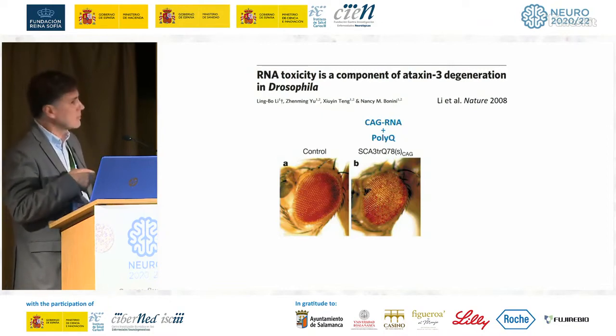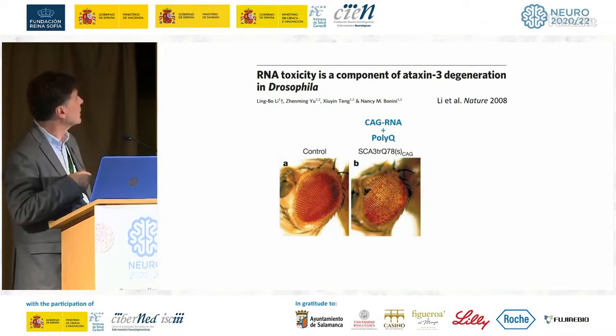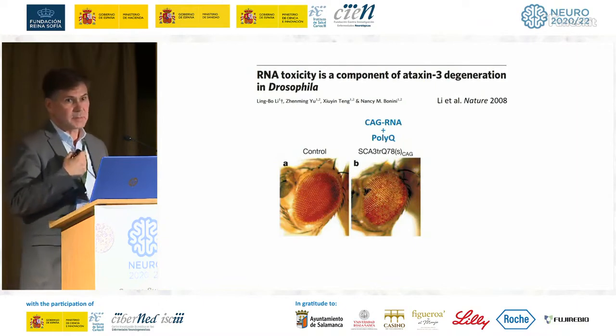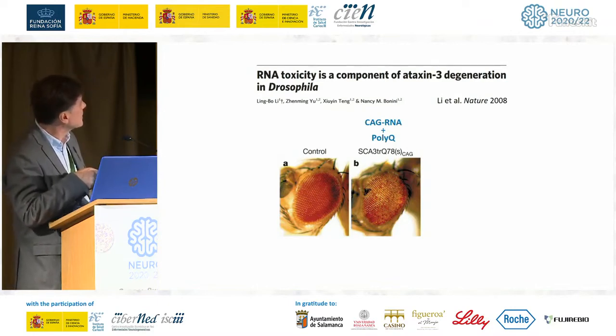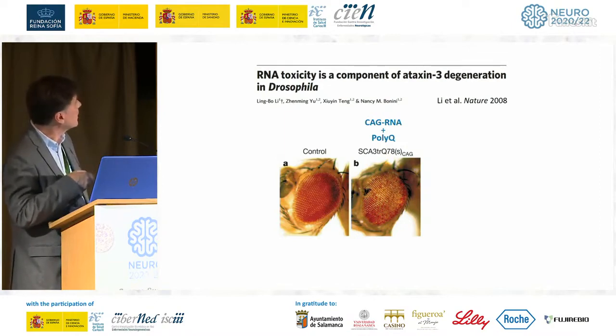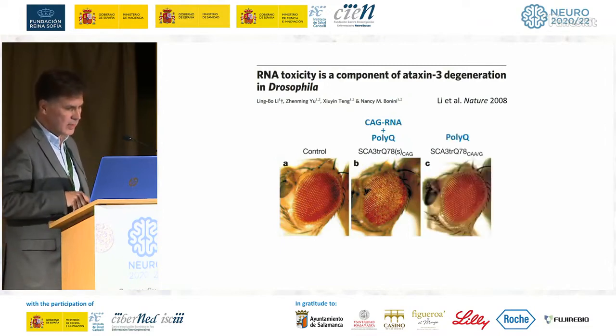And there are good fly models, Drosophila models of neurodegeneration with ataxin 3. And this experiment demonstrated that the CAG expanded RNA is toxic, because you can see here how expressing this transgene with the expanded CAG giving rise to the corresponding expanded polyglutamine in ataxin 3 induces a profound degeneration of the eye in the Drosophila.